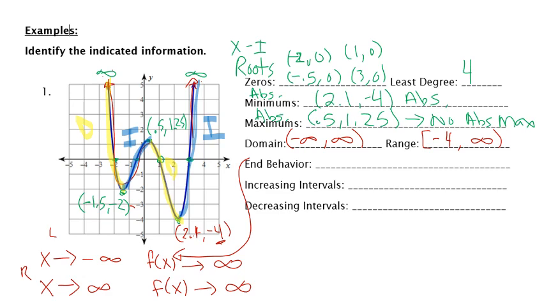So for my increasing intervals, you're always using the x values, right? So when I write this interval out, my increasing I see from negative 1.5 to 0.5. I'm increasing, and then at 2.1, 2, and then it goes up to infinity.